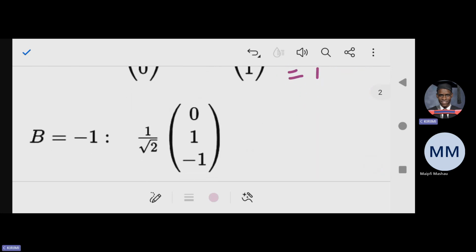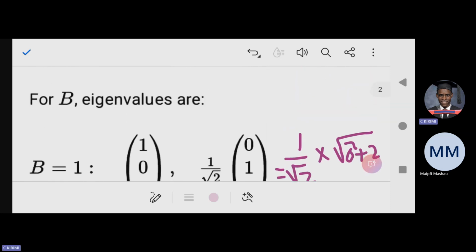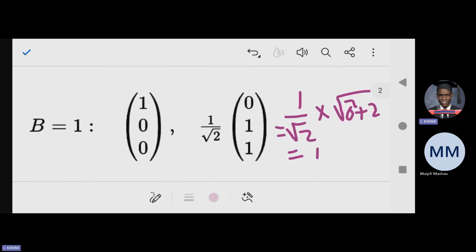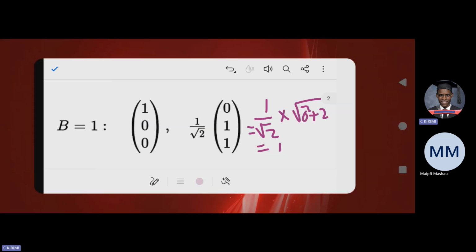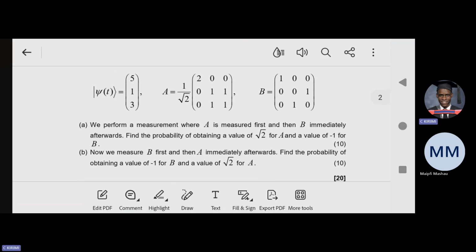And then here for B, we have two cases: at first we measure A, then B, and we also measure B, then A. So the value of A is root of 2, and the value of B is -1.